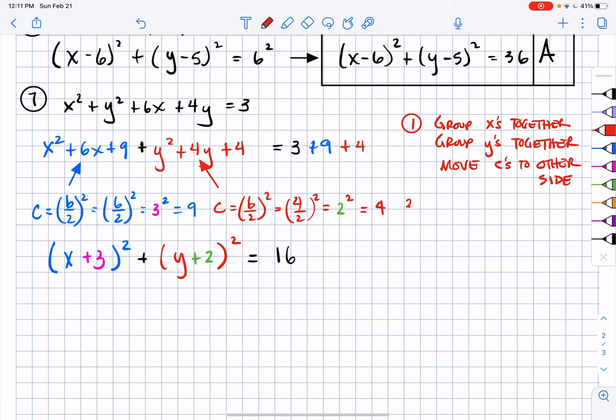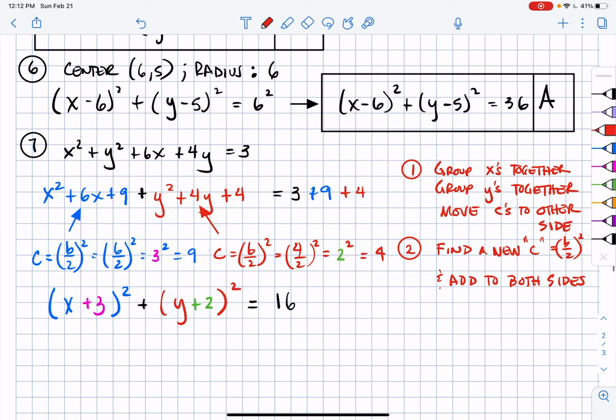Second thing we had to do was to find a new c, which is equal to (b divided by 2) squared, and add it to both sides, right?